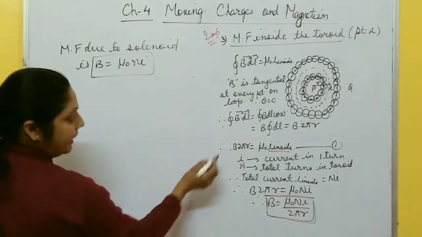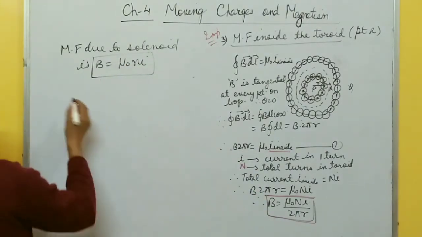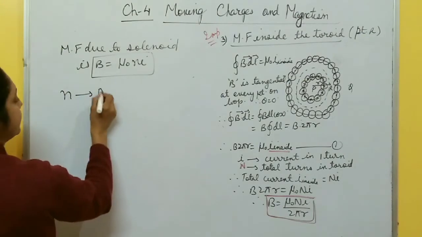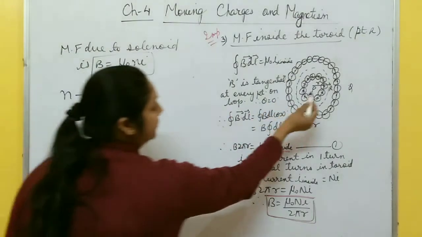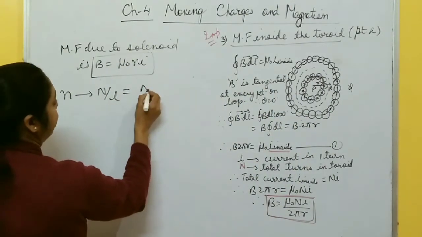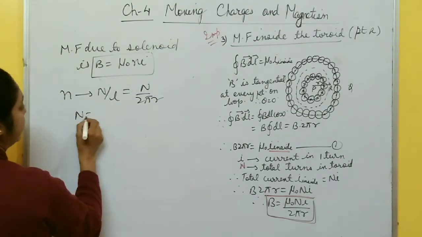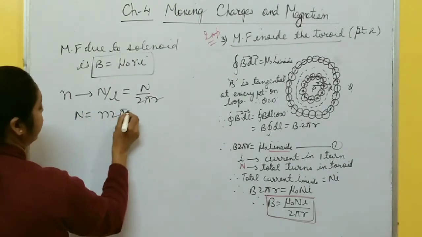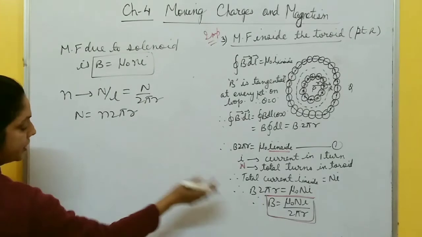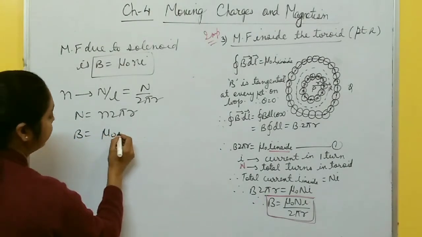Now you have to write the magnetic field due to the toroid in terms of the number of turns per unit length. Here n is the number of turns per unit length, and the length of this Amperian loop is 2 pi r. So you write n equals N by 2 pi r. So from here N becomes n into 2 pi r. You put this value in this equation, B equal to mu naught. What is the value of N?